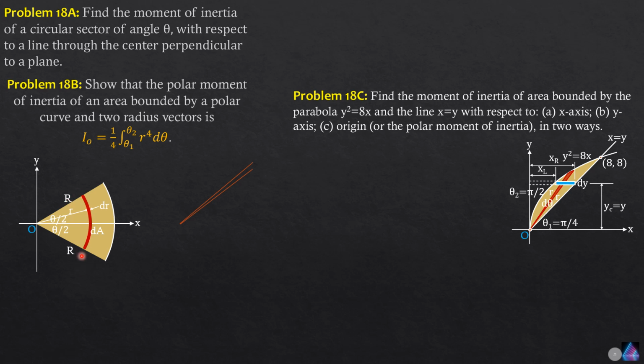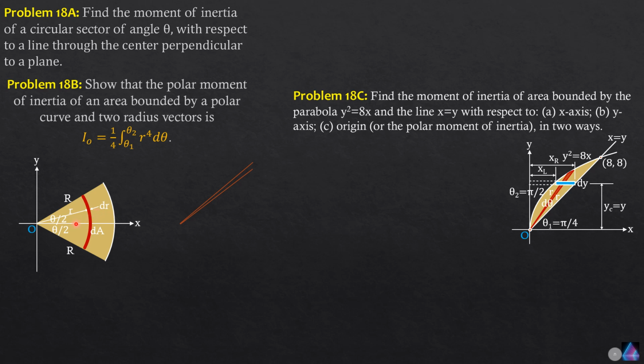The length of the ring, remember, is the arc length, which is equal to radius times central angle. In this case, the radius is small r and the central angle is theta, so r times theta. Then the thickness dr, that's the differential area. So length r times theta, then the thickness dr. So differential area is r theta dr.